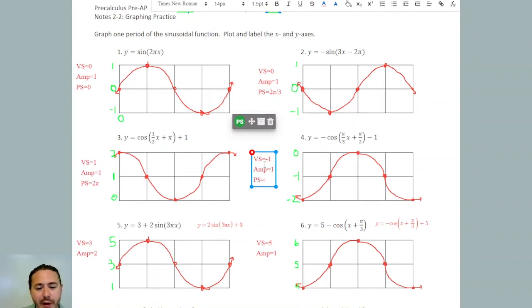So we have pi over 2 divided by pi over 3. I'm going to let you figure out the arithmetic here, but basically when you divide fractions, it's the same as multiplying by the reciprocal. So it'd be pi over 2 times 3 over pi, which would reduce to just 3/2.